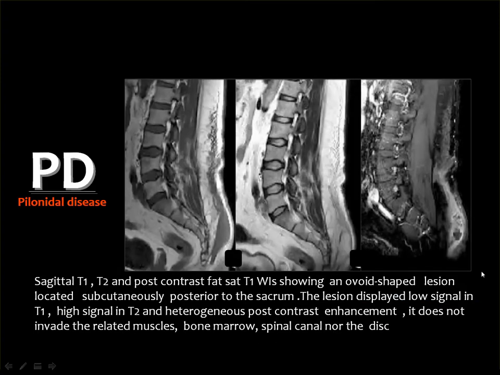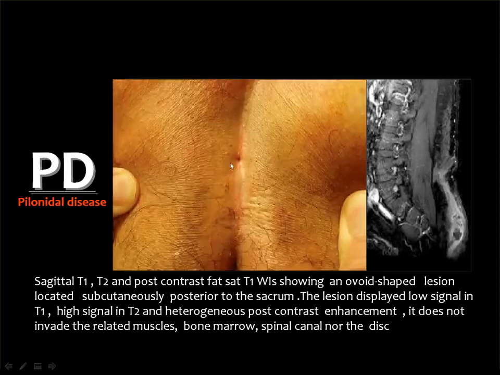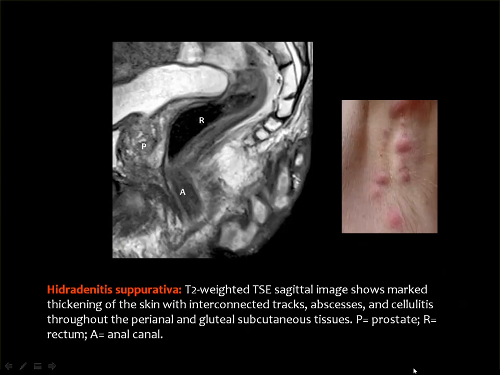And here you see an inflammatory collection with abscess formation along the back of the sacrum. This is known as pilonidal disease, low signal in the T1, high signal in the T2, and some pockets of marginal enhancement denoting the presence of abscesses, and this is the appearance of the patient.